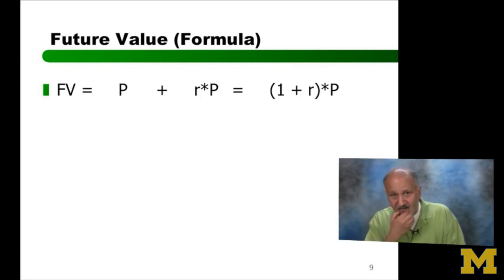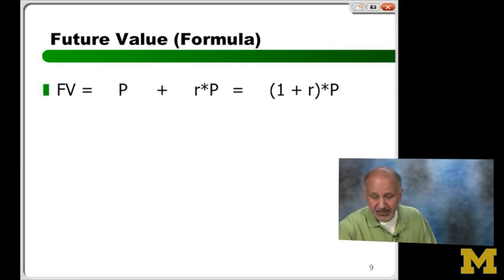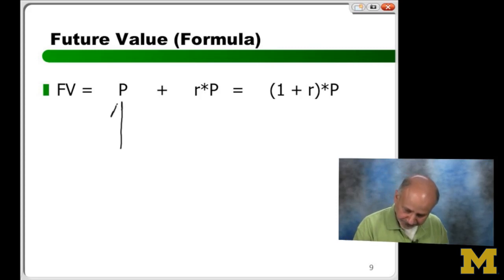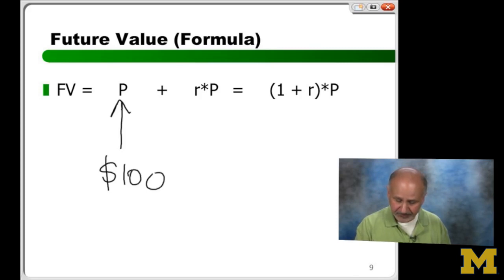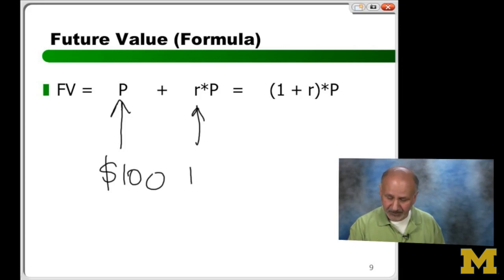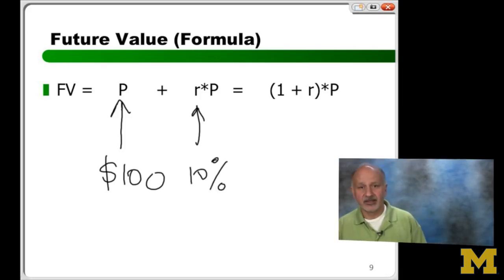So if I were to ask you, what is it related to the problem that we just did? What is this P? P is your initial payment of $100. What is the R? R is the 10%. But the 10% is on what?